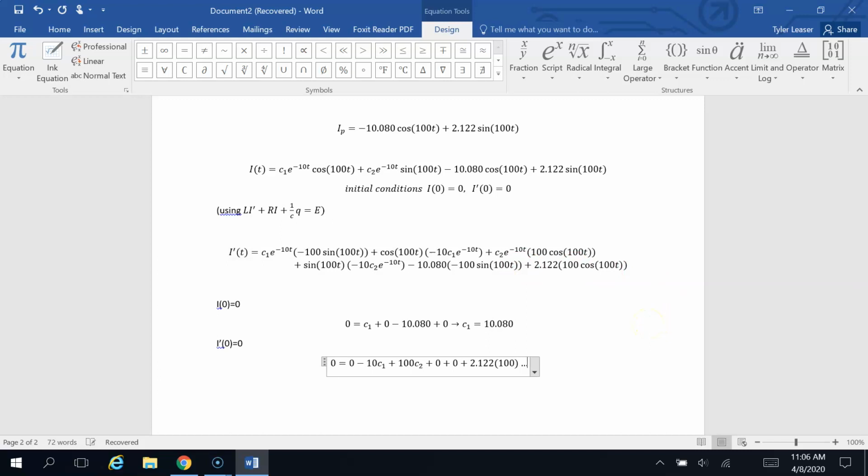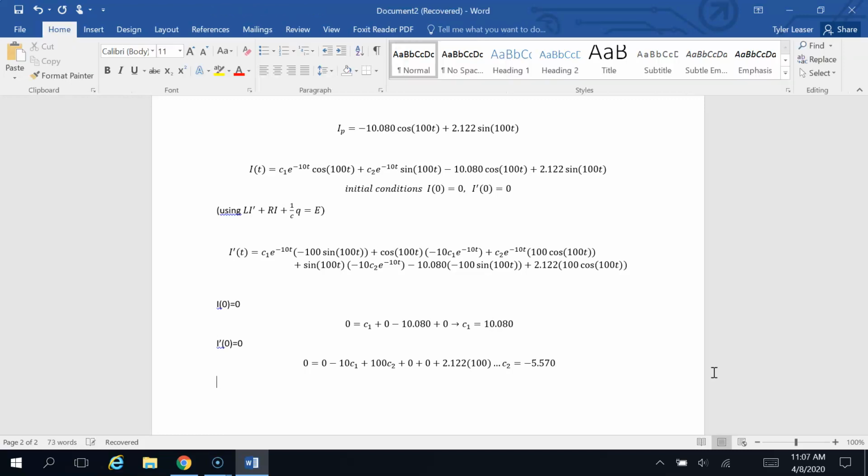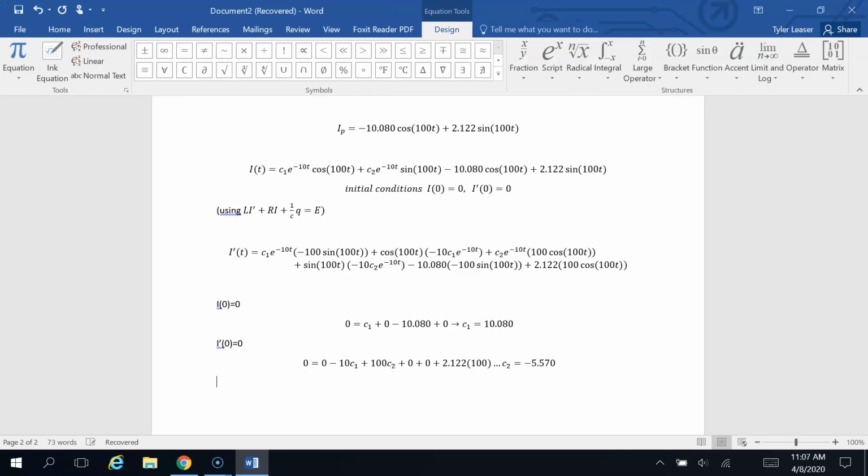All right, so if you plug in the C1 that we just found from here and get the C2 by itself, C2 comes out to be negative 5.570, according to my calculator. Okay, and that's it. So now we can write out our thing.